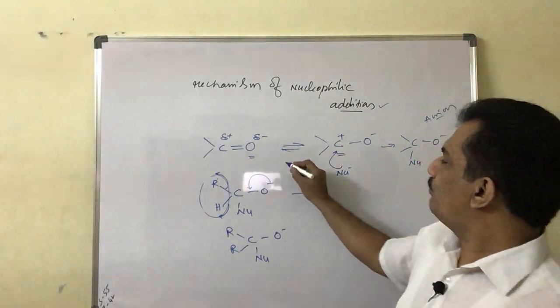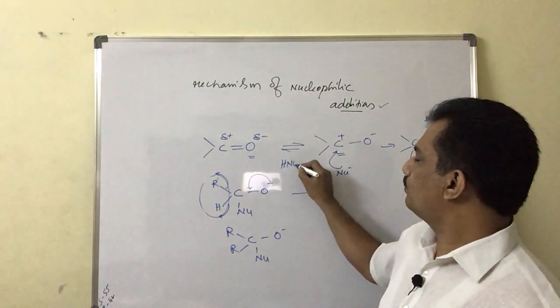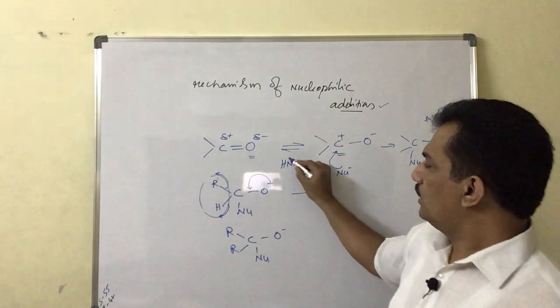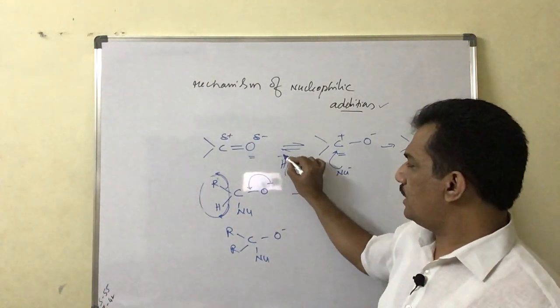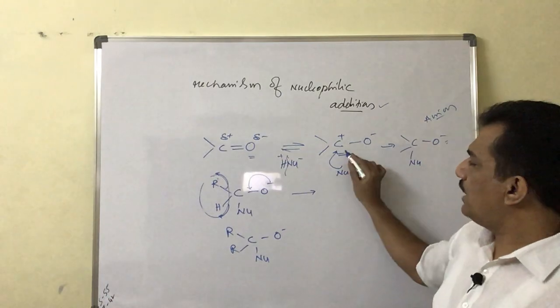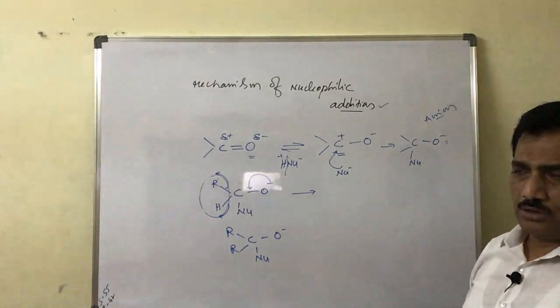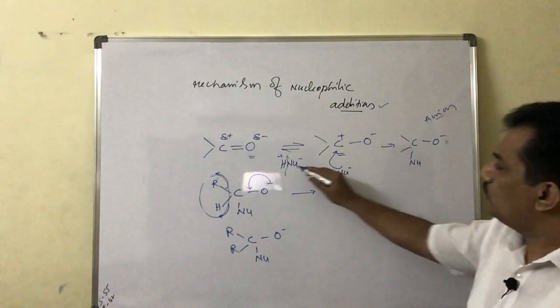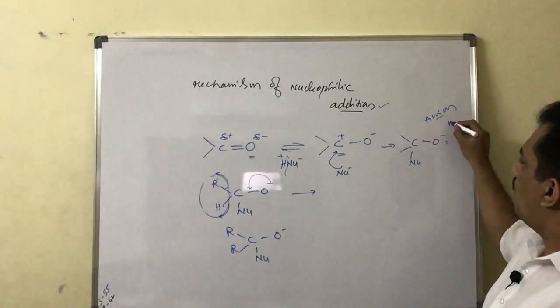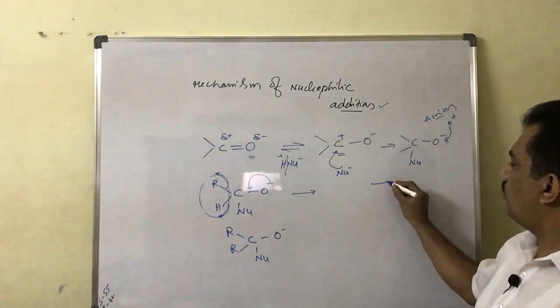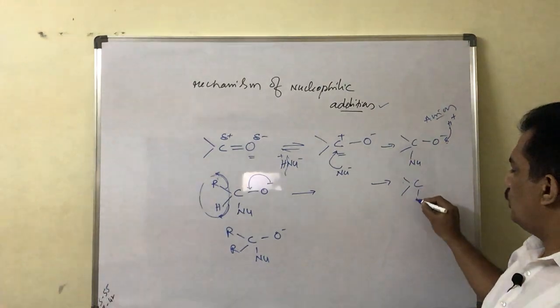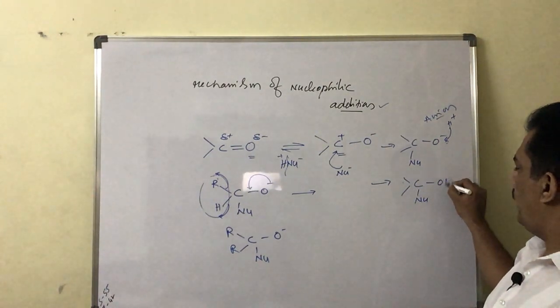And here you might be asking one more question, or doubt. In case this is the nucleophilic molecule, no doubt at all, it splits into Nu minus and H plus. Once the nucleophile attacks this positively charged carbon, the anion is formed, and now this H plus attacks it, and thereby it finally forms Nu and OH.